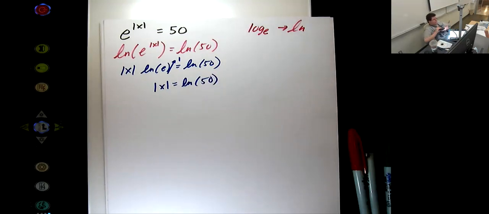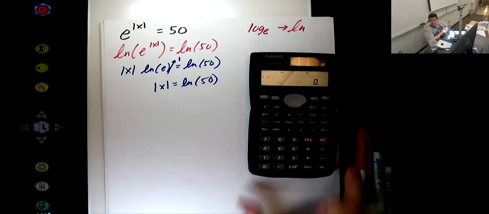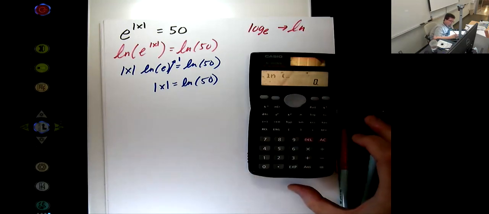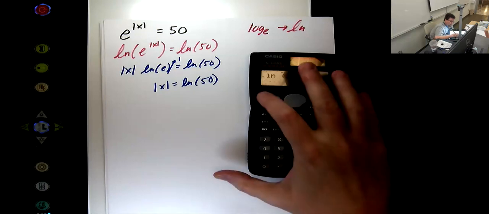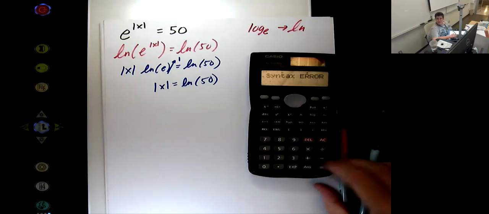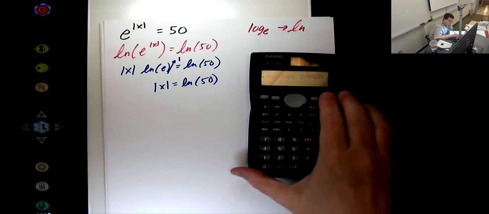Let's see if we can confirm that for you. ln parentheses, where's my e? Shift e and parentheses. Oh, I gotta say the first power first.